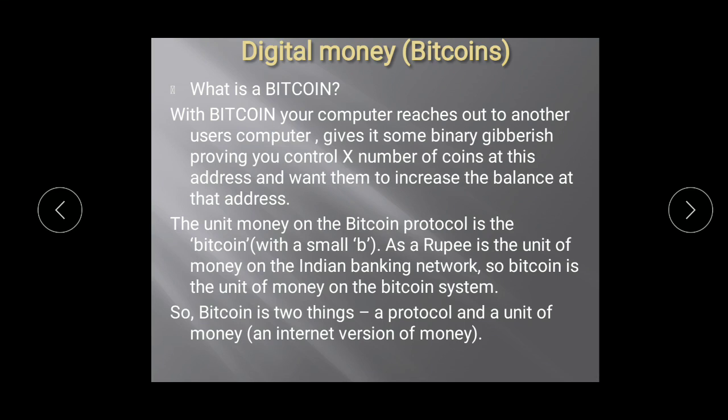So what is Bitcoin? The sixth type of electronic payment mode is digital money, and digital money also includes Bitcoins. The first question which arises is, what is Bitcoin?